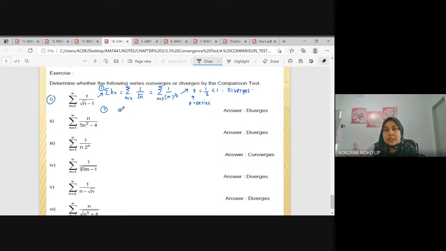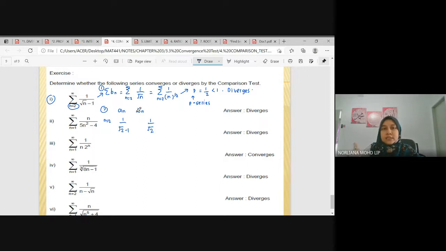Okay, second step. You need to know whether AN is greater than or less than BN. Substitute into this. The starting point is N equal to 2, so substitute N equal to 2. For AN, 1 over square root 2 minus 1. For BN, 1 over square root 2.